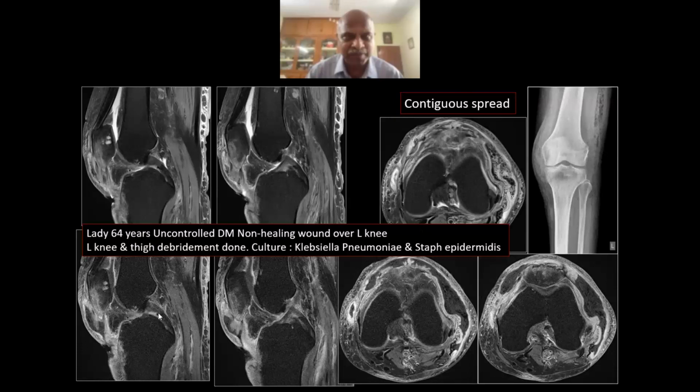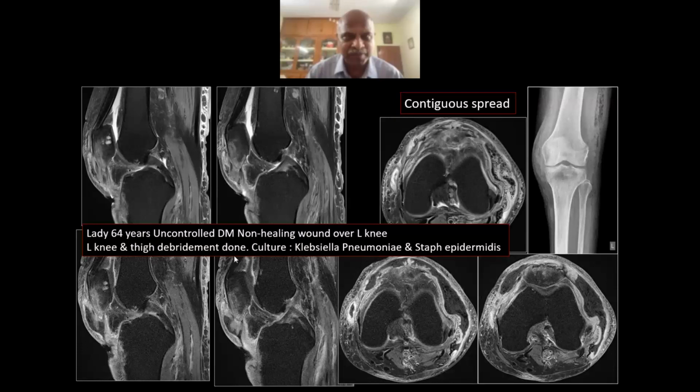When we did the MR imaging for this lady, what we see is that there is a large abscess, which also is contiguous with the prepatellar bursa, and this has completely destroyed the patellar tendon. There is reactive marrow edema and changes in the patella and the tibial tuberosity, plus the joint effusion, which shows thick synovial enhancement.